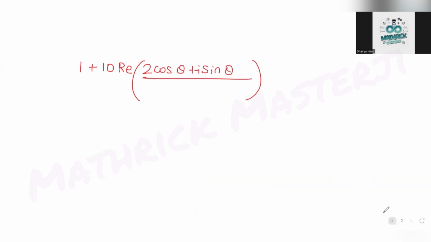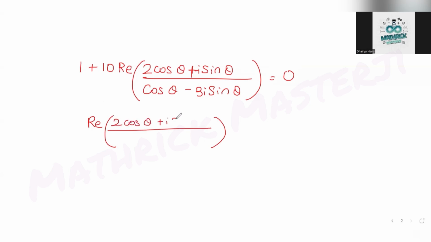So I have this equation that says 1 plus 10 times the real part of the complex number (2 cos theta plus i sin theta) divided by (cos theta minus 3i sin theta) is equal to 0. Now I can take 1 to the other side, which leaves me with 10 times the real part of this whole expression equal to minus 1.